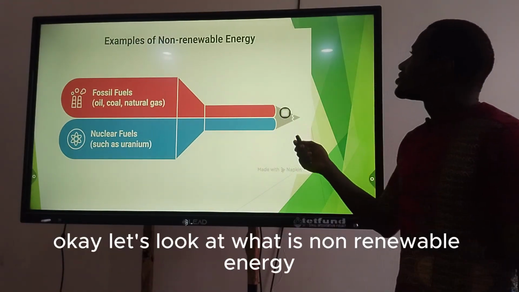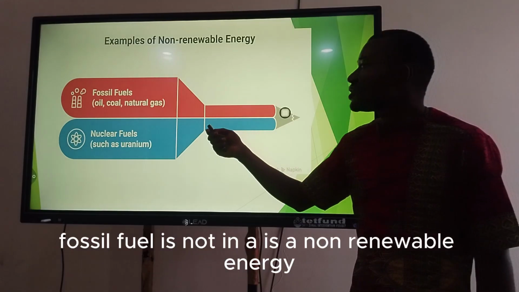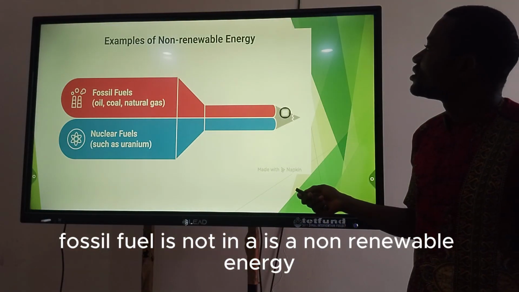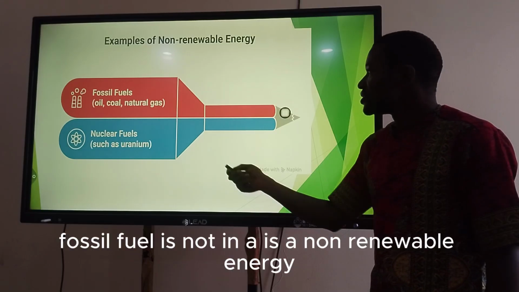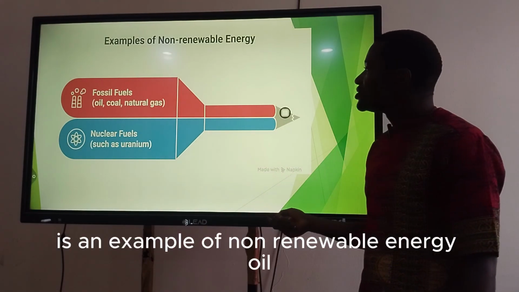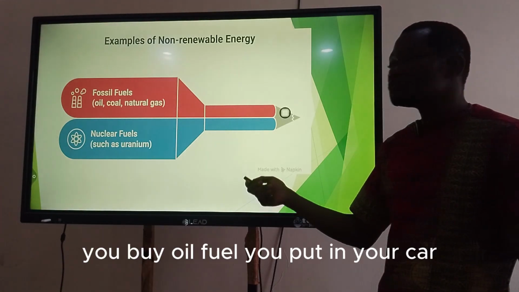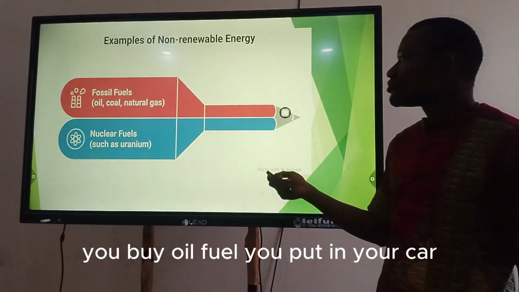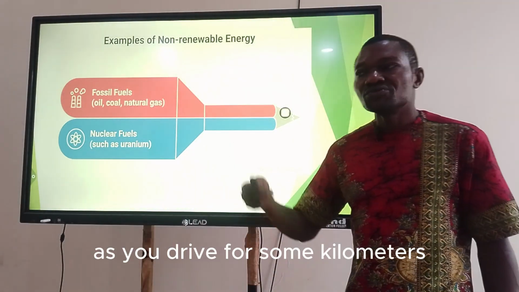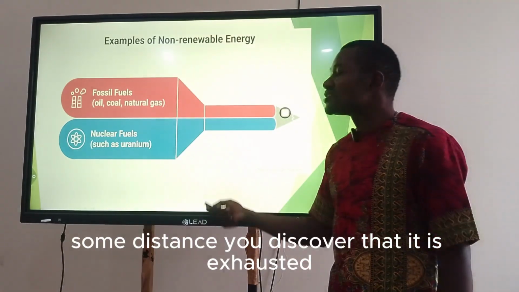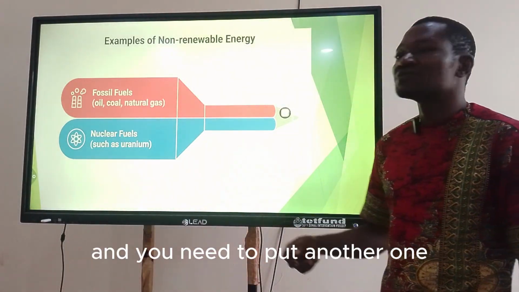Okay, let's look at what is non-renewable energy. Fossil fuel is a non-renewable energy. It's an example of non-renewable energy. Oil, coal, natural gas. You buy fuel and put it in your car. As you drive for some kilometers, some distance, you discover that it is exhausted, and you need to put in another one.